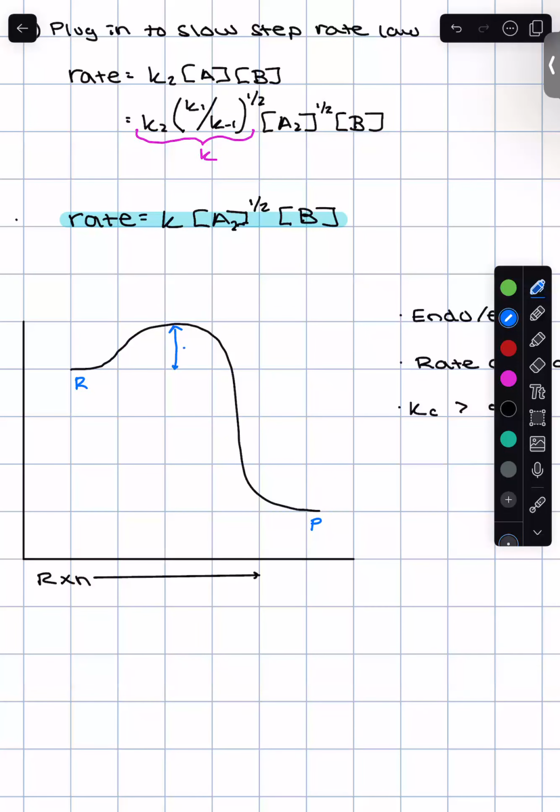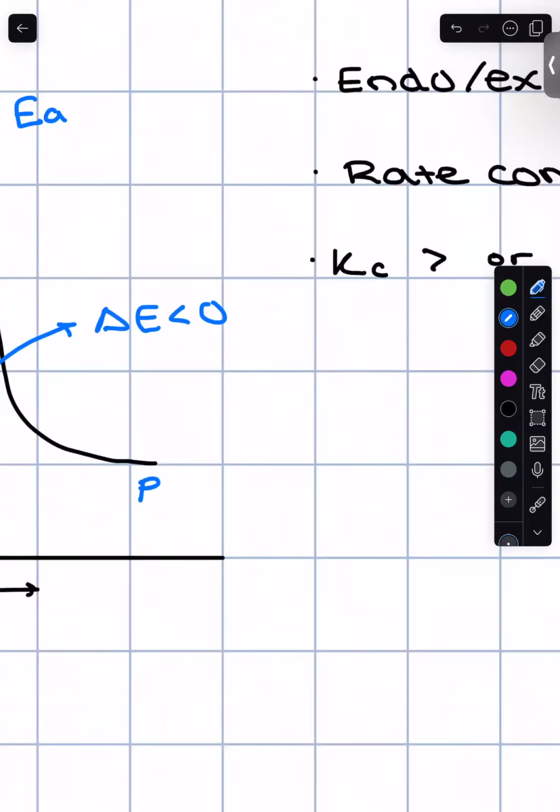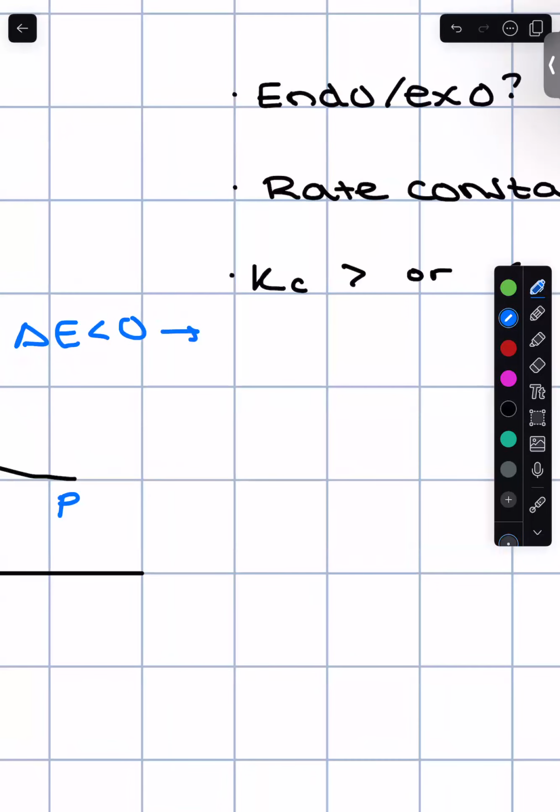This is our activation energy. This is our delta E. In this case, delta E is less than 0. Extremely less than 0. This is a very negative, large energy relief, which means that this is exothermic.